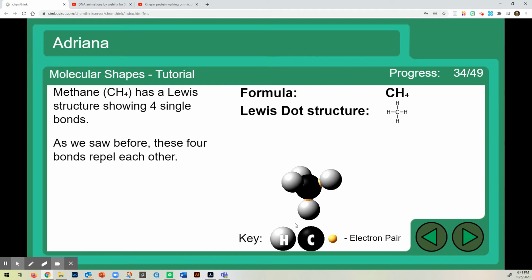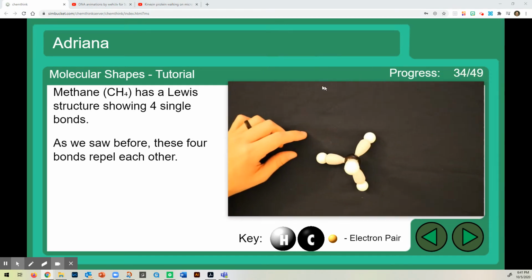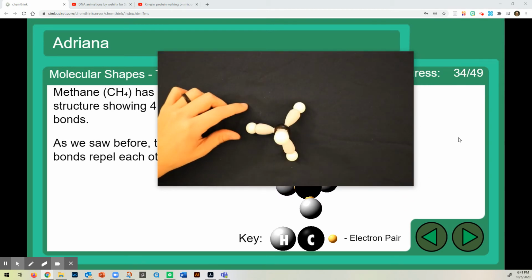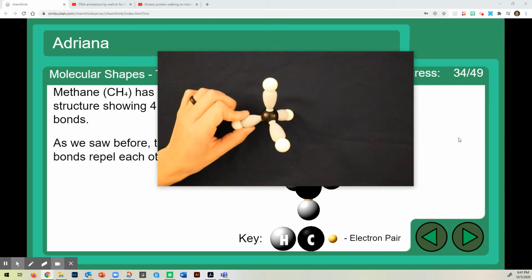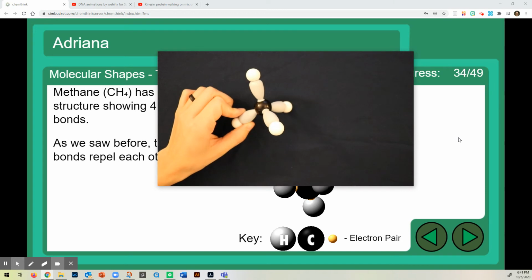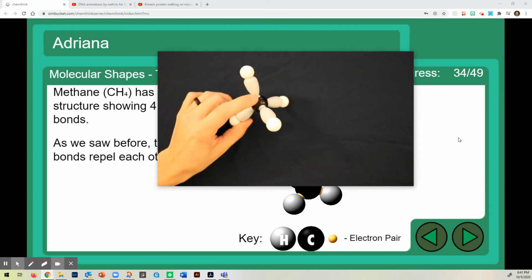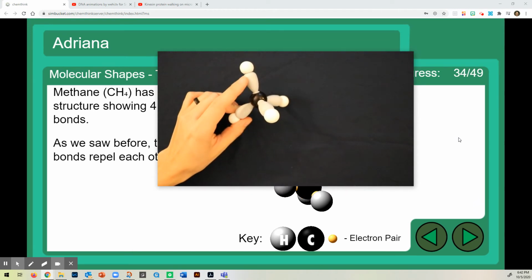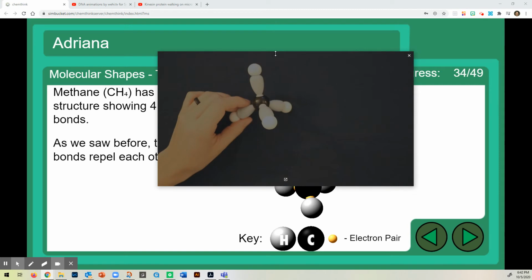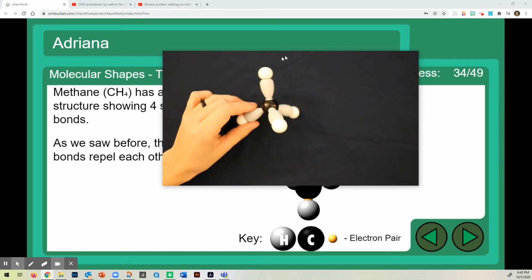So I don't have to have my amazing double bond demo for you. If we were making this with a molecular model, it would look like this. Here's my methane model. These little white balls at the end represent the hydrogen atoms, and the center one represents the carbon, with the electron concentration areas between them as the bonds, right? The covalent bonds.